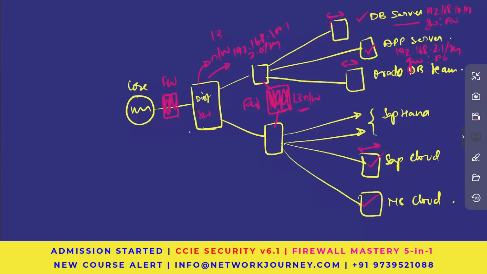So you as a network security team will receive a ticket saying that from this source to this destination, for this port, please allow the traffic. Okay. And then you go to the firewall and do the needful security policies, and you can test the traffic.